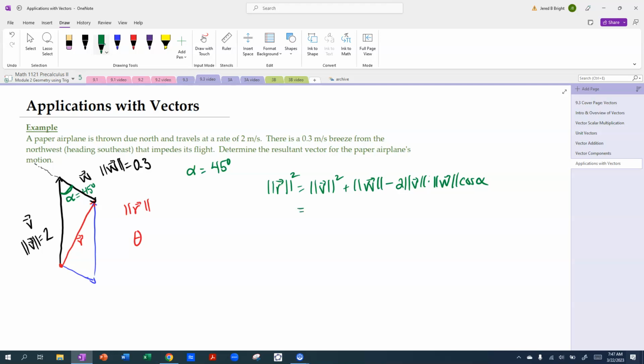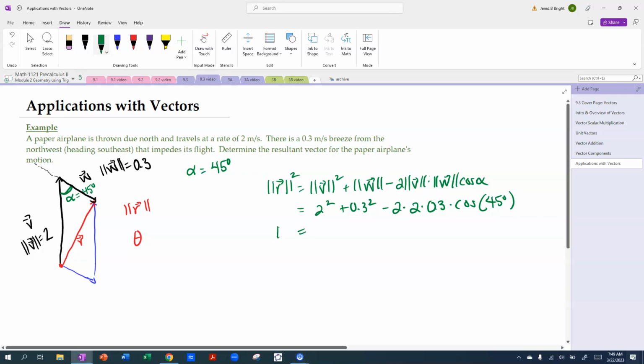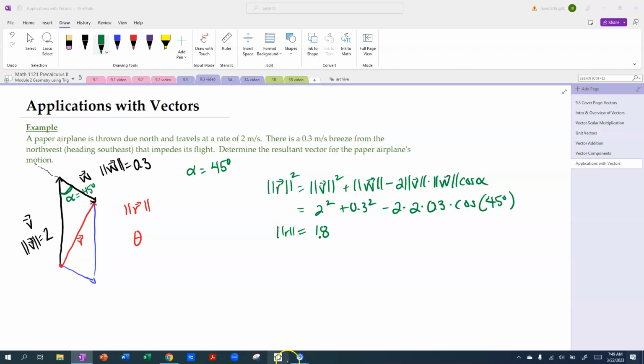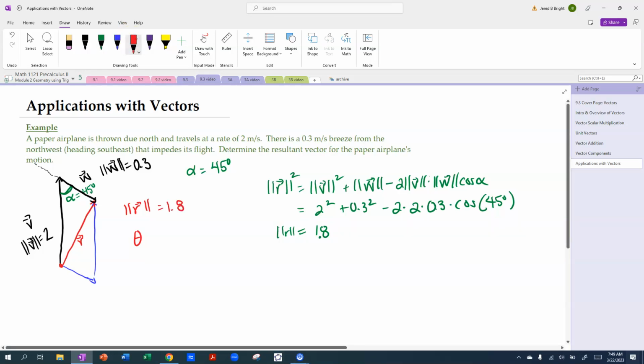So this is equal to 2 squared plus 0.3 squared minus 2 times 2 times 0.3 times cosine of 45 degrees. If we do this calculation and square root it, I get that the length of the resultant vector is 1.8, if I round to one decimal place. So now I know the magnitude of the resultant vector. It's just 1.8. There we go.